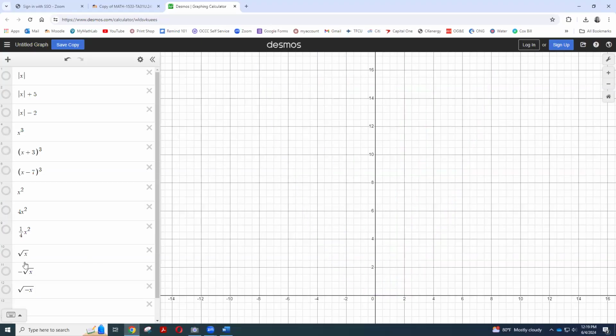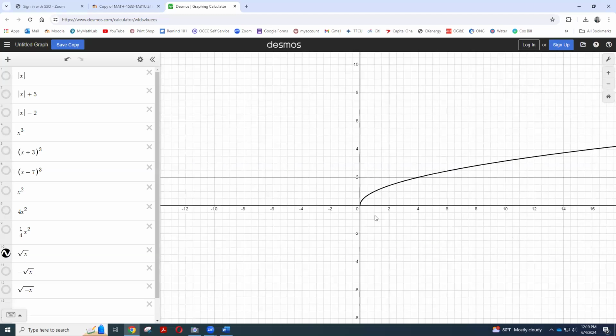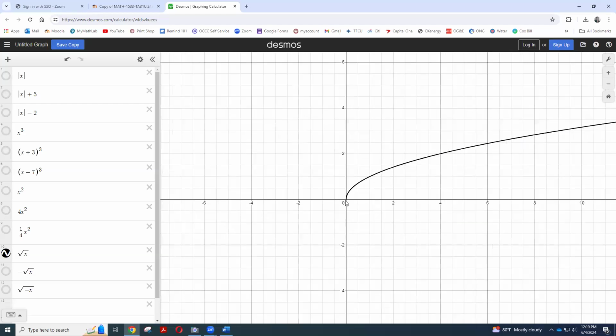So the next function we're going to do is the square root. What does the square root function look like? Okay, this is the one I call your eyebrow. So it starts right here at 0, 0, and then it's going to keep going infinitely in only one direction. So now when I take the negative square root, it's going to reflect it across this x-axis here.